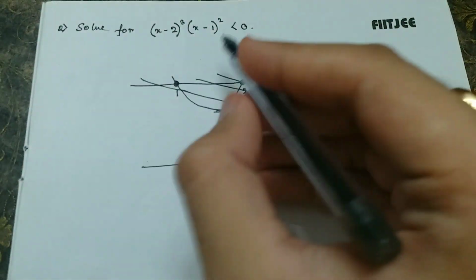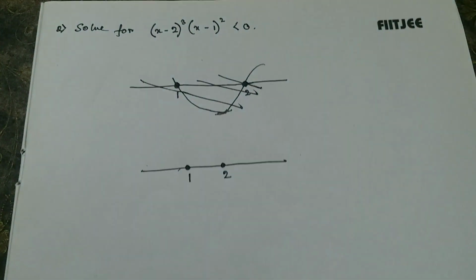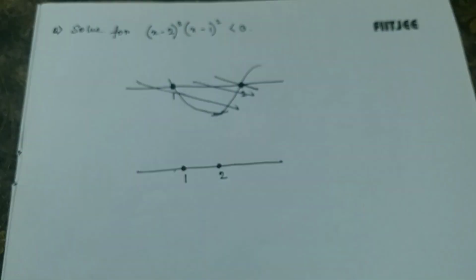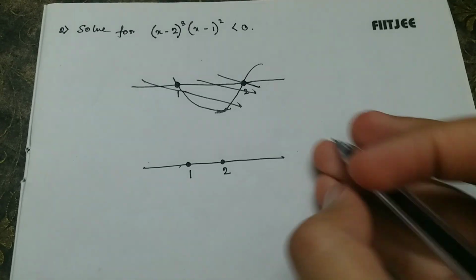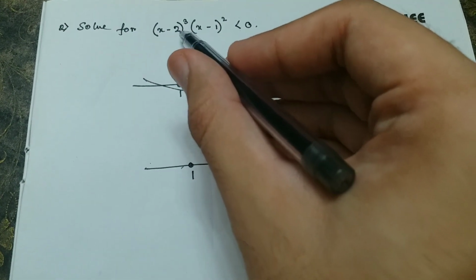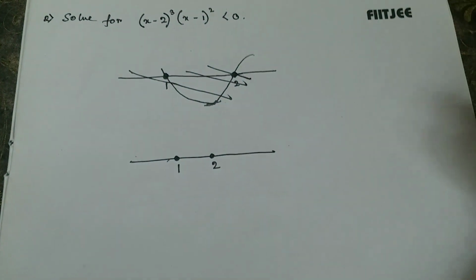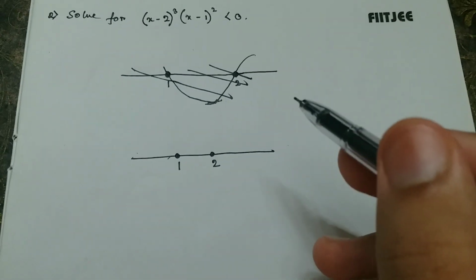Now in the last sum, all the factors of the numerator as well as the denominator had their powers as 1, but here one has its power as 3, another has its power as 2. So what to do here? Now remember, whenever any factor, whether it's of the numerator or the denominator, has an odd power, like 1, 3, 5, 7, 9, then the sign will change at that point.